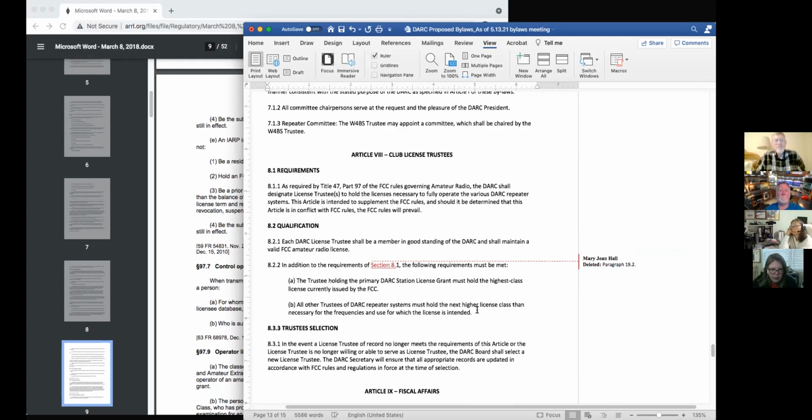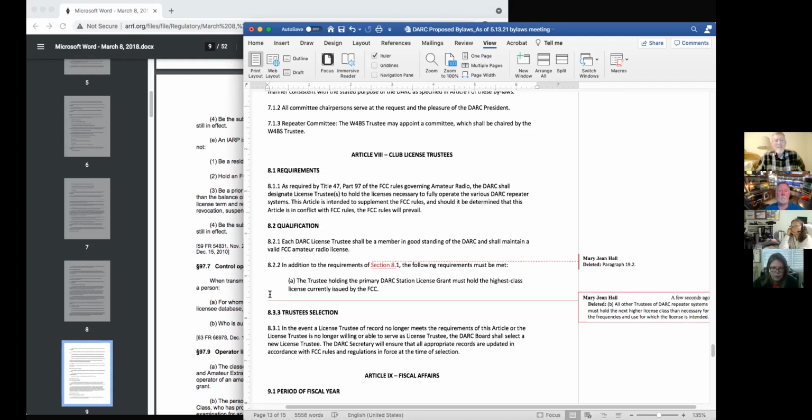And then that would get delete B, correct? Then you just have the following requirement, single. Well, we could really just collapse it and get rid of the paragraph.